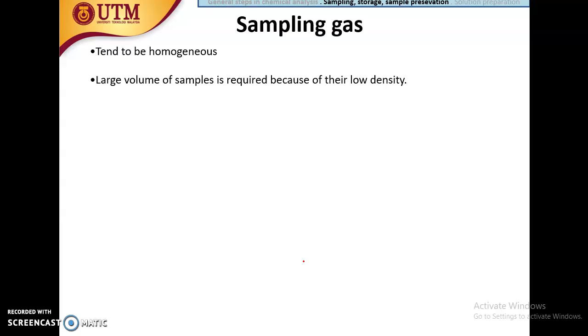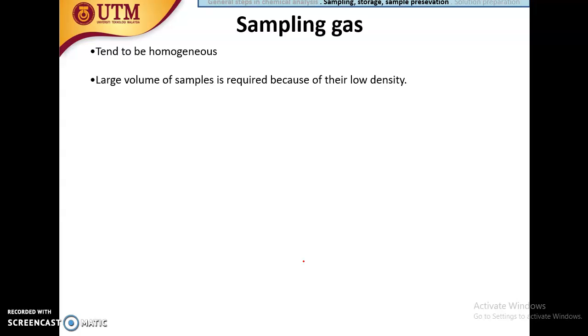Gas analysis is not really inside the weekly schedule, not really inside the subject as a topic. But for forensic chemistry students, you may one day need to analyze a breath sample, like when you do alcohol in breath analyzer and so on, so you should understand how gas should be sampled.